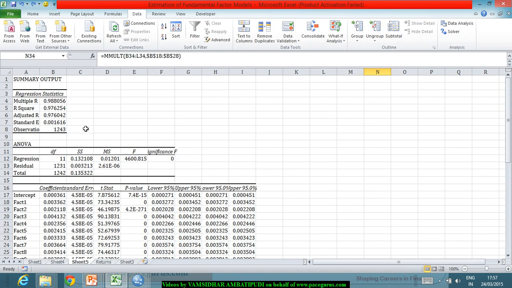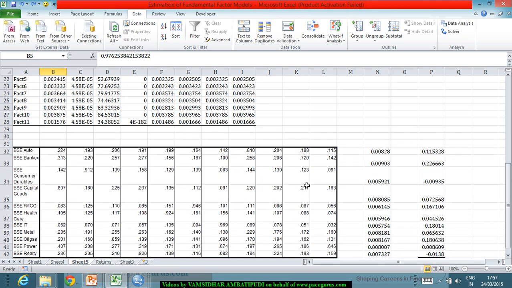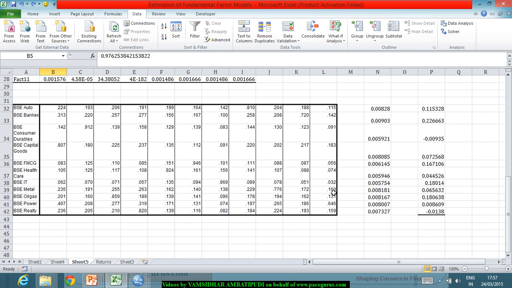So again it comes out that the variance that is explained by the factors is around 97.62. Unexplained is something else. Now here the message is very clear that this is the way the allocation is happening to each of these sectors.